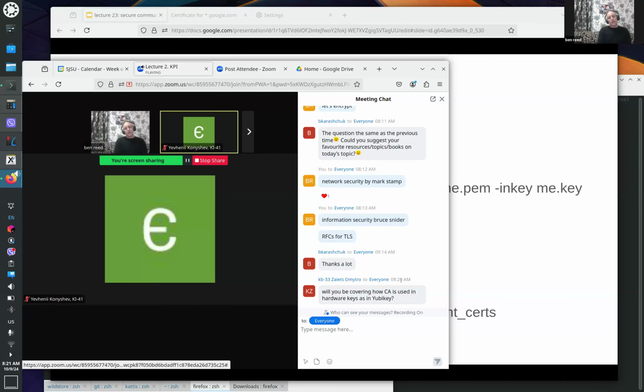Oh, I won't be covering how CAs are used in YubiKeys. You know what? It's been a while since I looked at the YubiKey protocols, but I don't think they use CAs.